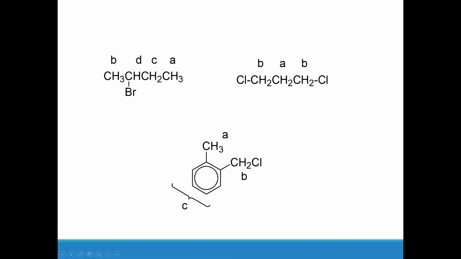And if we look at this unsymmetrical one with bromine, we can see that there are 4 different hydrogen groups. For the propane that's flanked by 2 chlorides, it is symmetrical, so the 2 hydrogens have the same signal, and this hydrogen has a different signal. And then finally, for that weird one, the methyl has its own signal, the methyl chloride has its own signal, and then the benzene ring shares one signal among its 4 hydrogens.